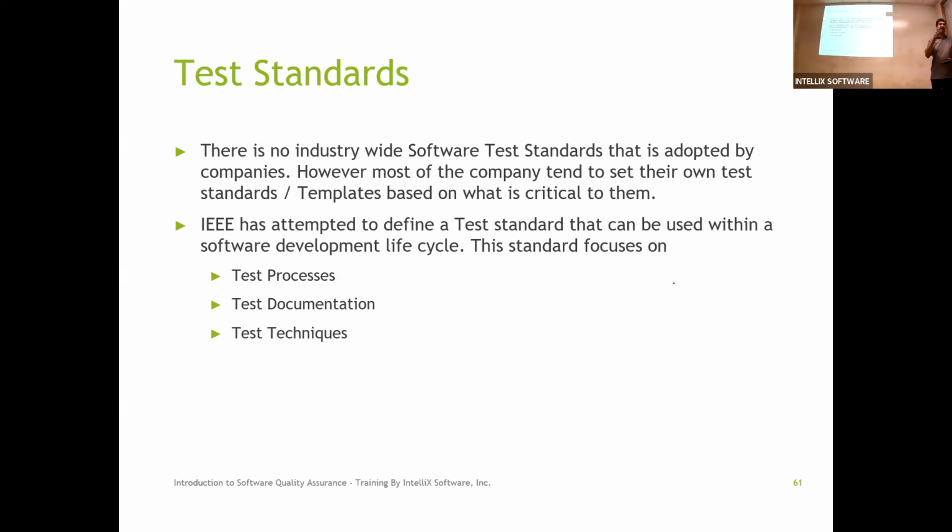So you can implement standards there. You cannot implement standards when there are variations. All you can do is focus on what my processes are, what documentation I need to create, and what techniques I'm going to use.